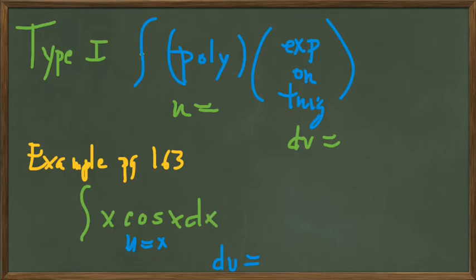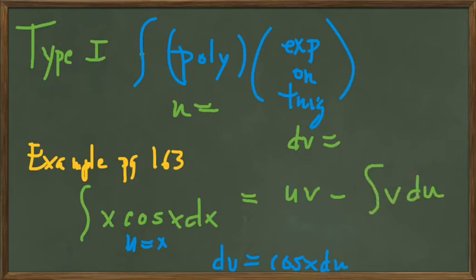To apply the parts formula, we're going to want to write this as uv minus the integral of v du.